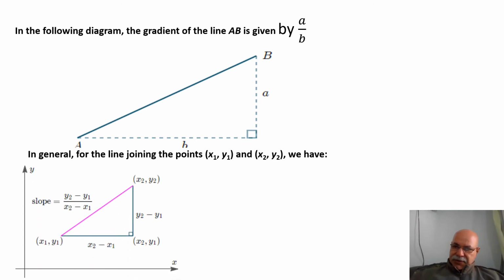This is the slope of AB. In order to find the slope, I take the two points and apply this rule, y2 minus y1 over x2 minus x1, to get the slope.